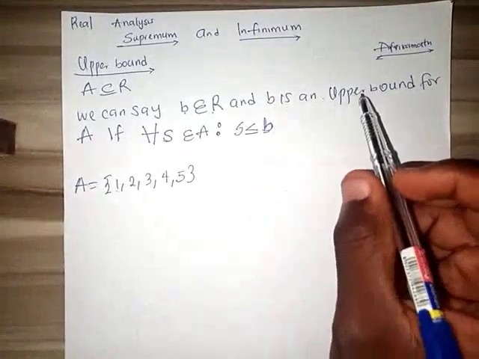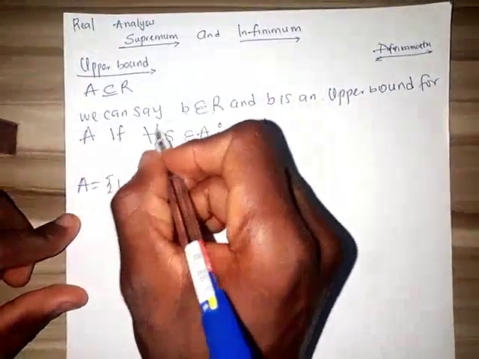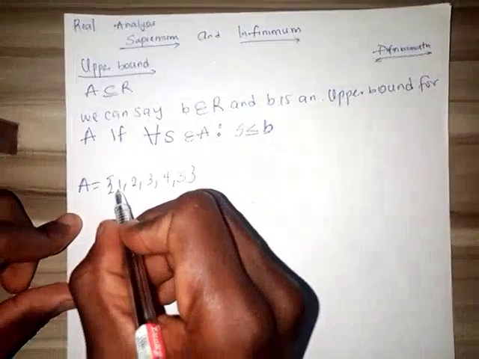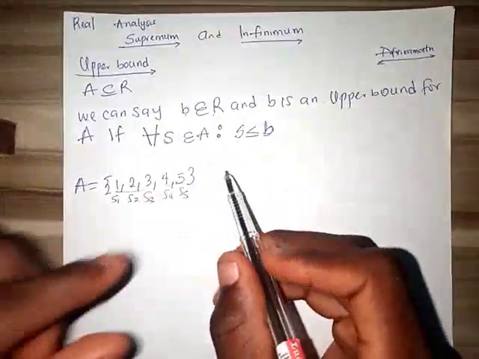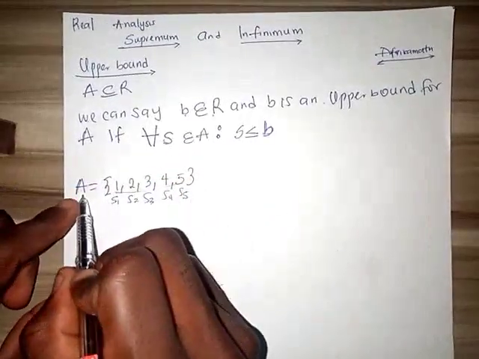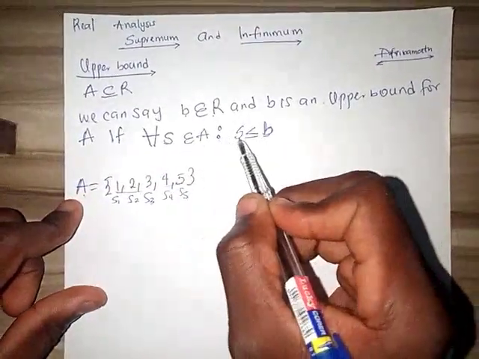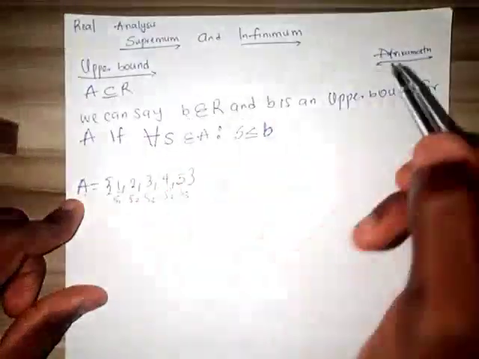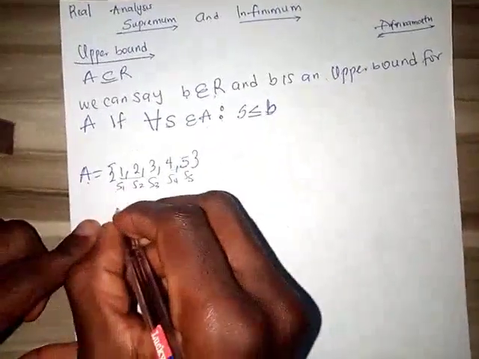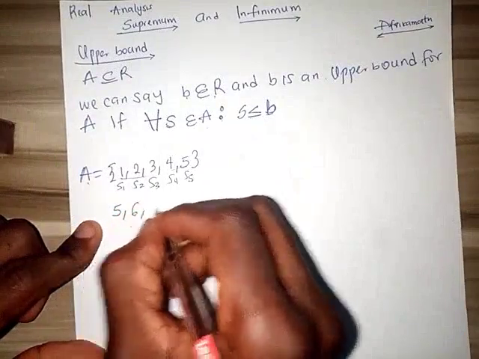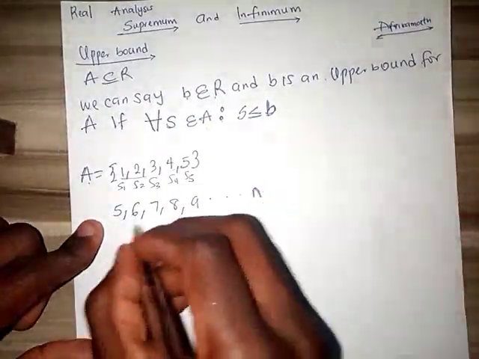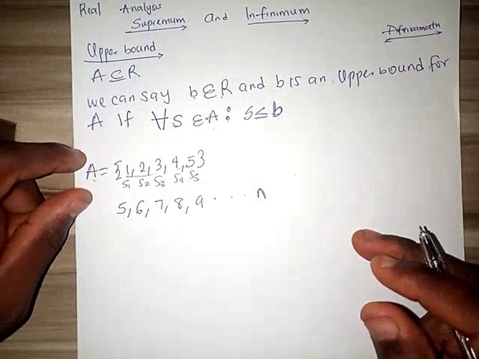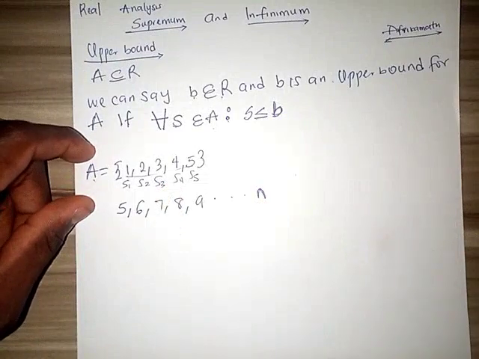And B is an upper bound for A if and only if for all s, what is the meaning of for all s? These are s: s1, s2, s3, s4, s5. They are s, which are elements of A, such that s is less than or equal to B. And what is that B? The upper bound. That means 5, 6, 7, 8, 9 till n, which is unknown, is an upper bound of this set A.